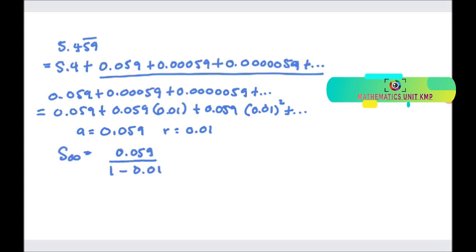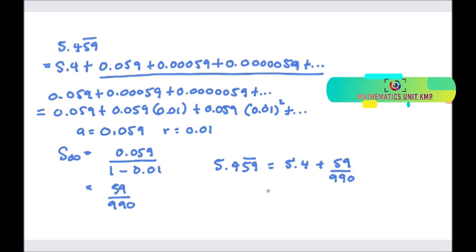So we calculate the value that we get here is 59 over 990, and we can get the quotient form for 5.459 is equal to 5.4 plus 59 over 990.